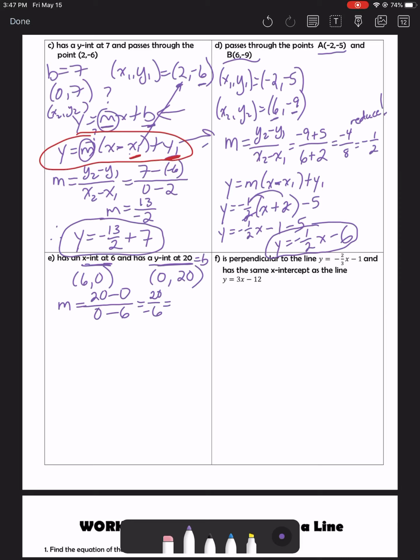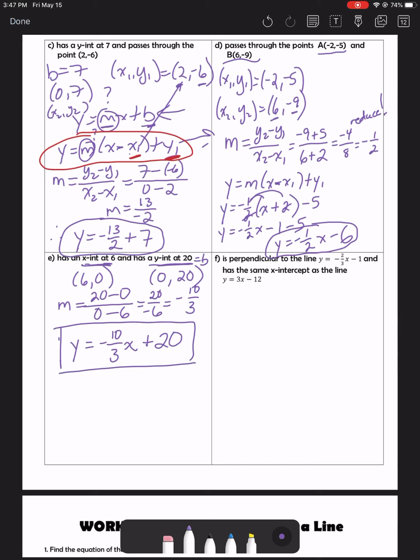Each of those is divisible by 2, so that's going to be negative 10 over 3. This time I know the y-intercept, so I'm going to go y equals negative 10 over 3x plus 20. And you're done.